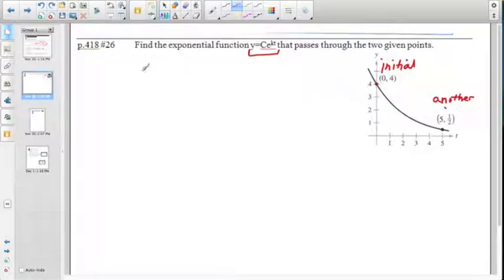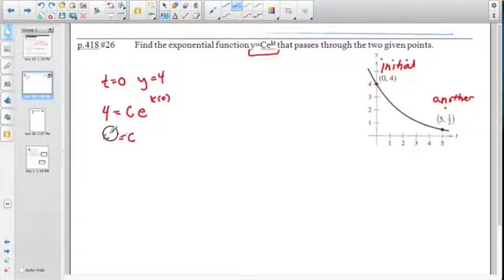And so if we plug in the initial condition of 0, 4, so when t equals 0, y equals 4, we've got 4 equals the constant times e to the k times 0, and that's always nice when we can have 0 in the exponent, because that makes this whole thing e to the 0, which is 1.